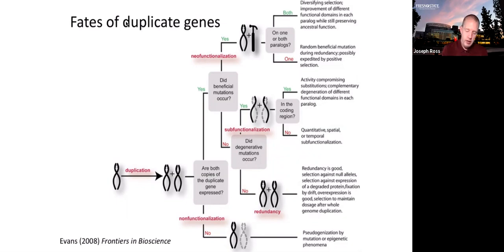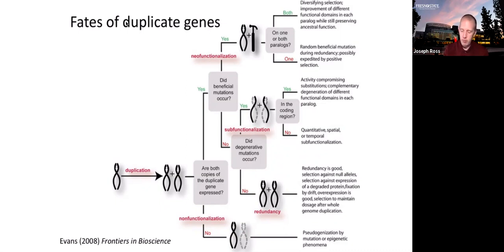And then if both copies of the duplicate gene aren't expressed, that means one of them got destroyed or otherwise was unable to be transcribed and translated, then that's non-functionalization. You're back to the same position you were at originally. The duplicate gene was created, it was destroyed, now we're back to square one. So it's neofunctionalization, subfunctionalization, and non-functionalization.